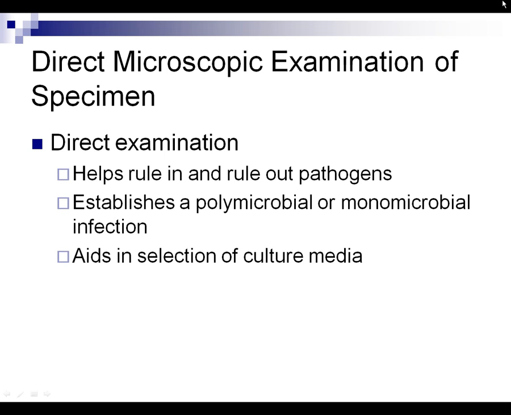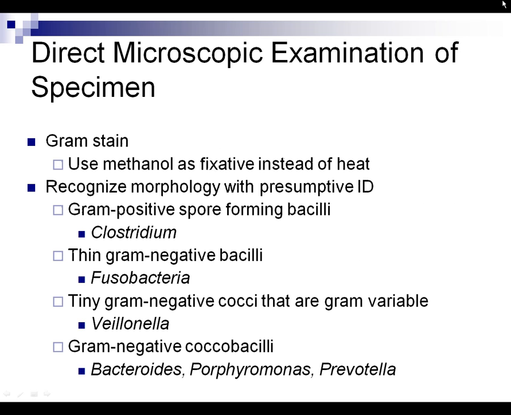So it'll tell the doctor if there are many different types of organisms present, if you see lots of different types of gram stain morphologies, or if you see one individual morphology. That's very helpful for the physician. And it can also aid in the selection of culture media. If you see a certain type of morphology, you might think of a certain organism and set up a special type of media.